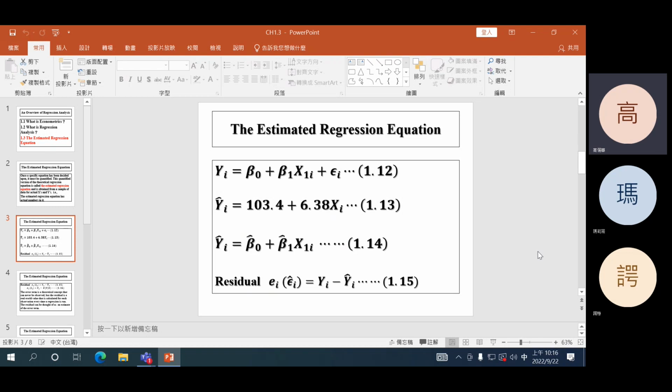What's the difference between 1.12 and 1.13? Thinking about this, 1.13 is the red line. 1.12 is maybe not real.